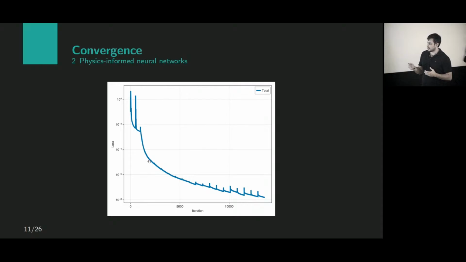And this is an example of the convergence of this type of solver. These small bumps here occur when you change the points on which you train, because initially you don't want to only solve your equation in one specific set of points. You want to solve it in as many points as possible, and then hope that you are able to generalize to new unseen points.